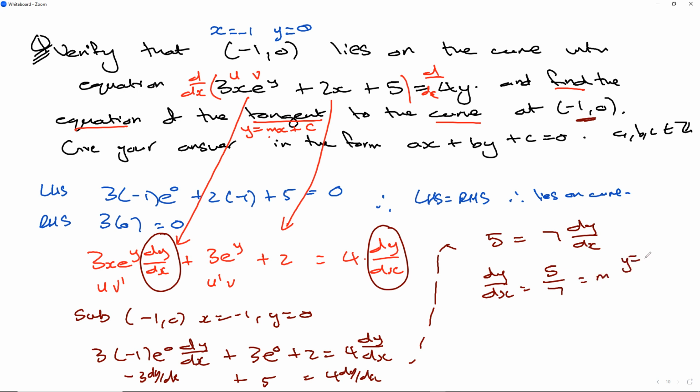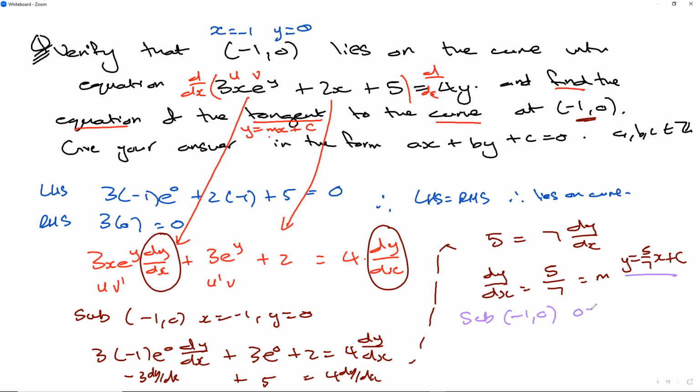And all I have to do now is substitute. I'm going to take this equation and substitute -1 and 0 in there. If x is equal to negative 1, y equals 0.